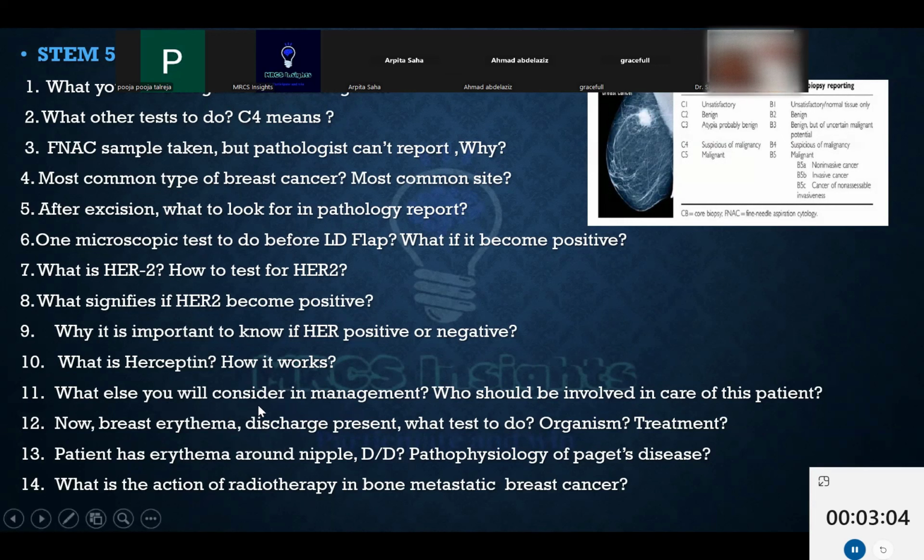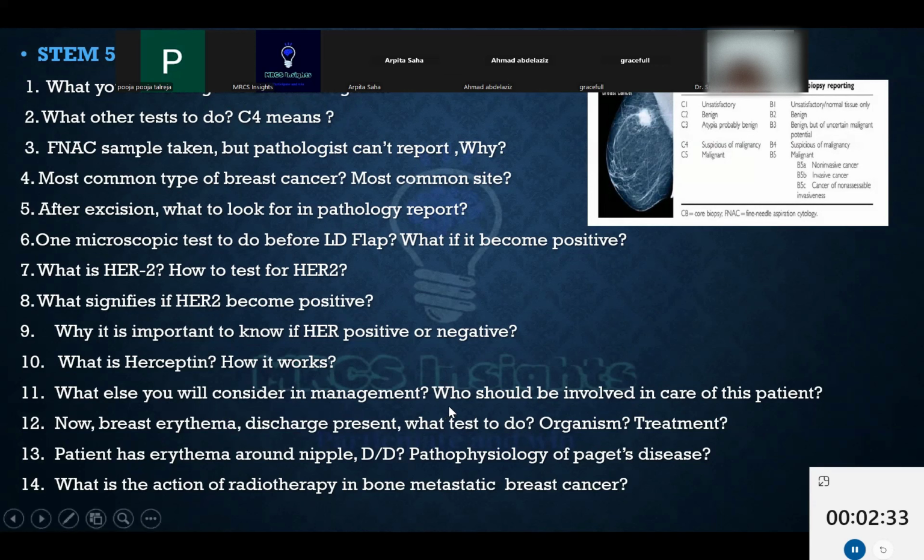After the mastectomy, the tumor has been taken out, so there are options of chemoradiotherapy and also hormonal therapy.